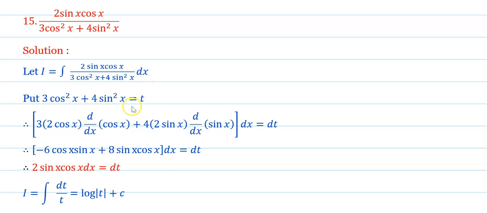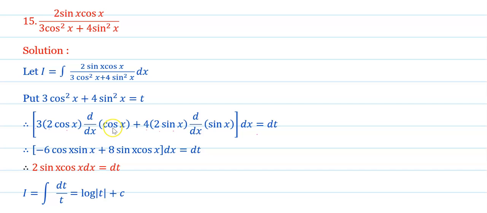ओके, नाव दी डेरिव्हेटिव्ह ऑफ 3 cos square x means what? 3 into 2 cos x into d/dx of cos x. The derivative of sin square x, for 4 sin square x as it is, 4 into 2 sin x into d/dx of sin x, bracket complete into dx is equals to dt.